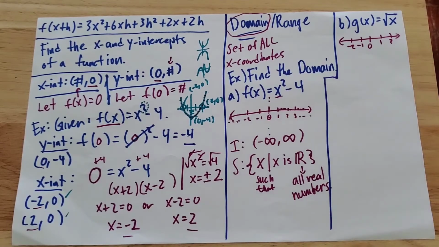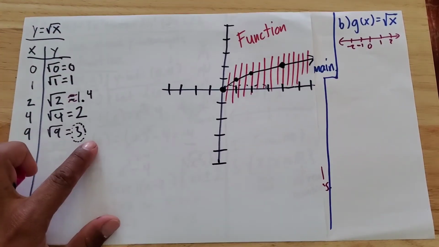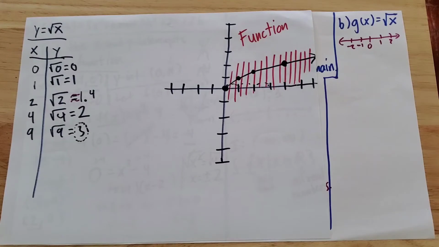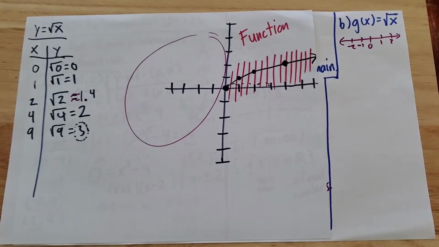And if we look back at when we actually graphed the square root of x, the graph starts giving us an idea of what the domain is. Because if you notice, the graph doesn't actually exist on this entire left-hand side. The reason is because we can't have negative numbers.